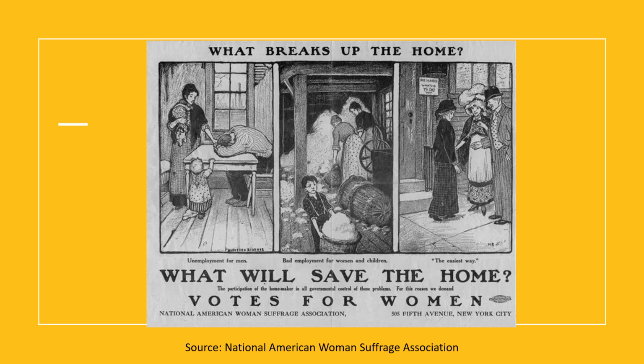So here they're saying what breaks up the home is not voting rights. What breaks up the home are economic concerns. What saves the home is to give votes to women.